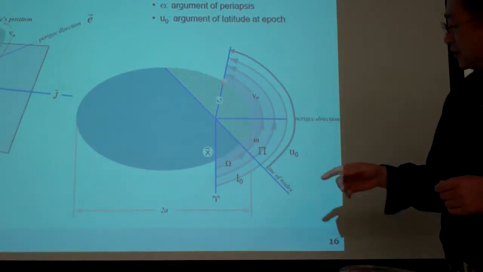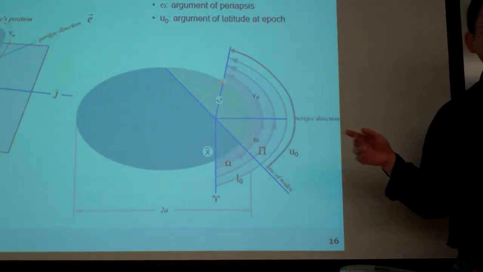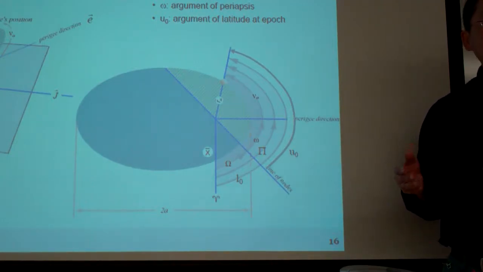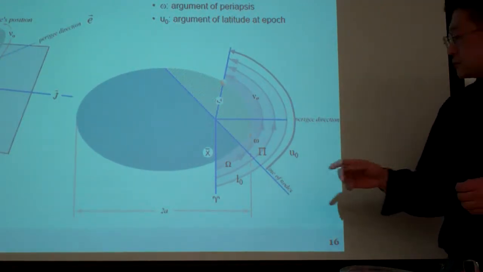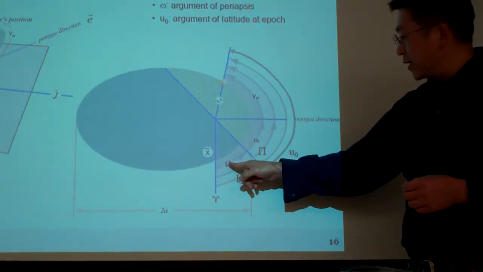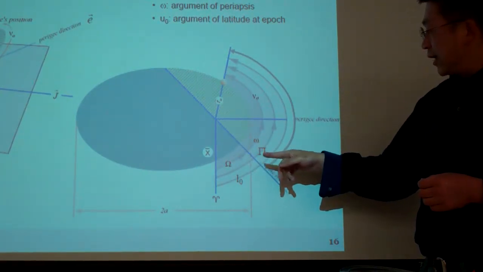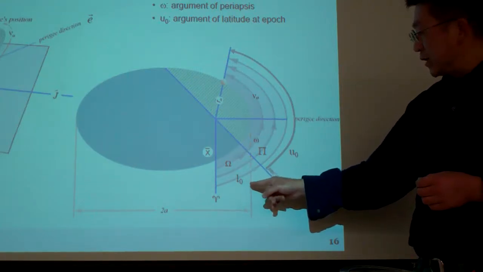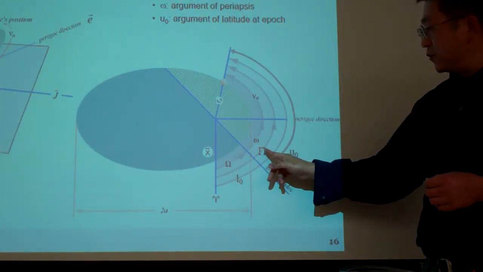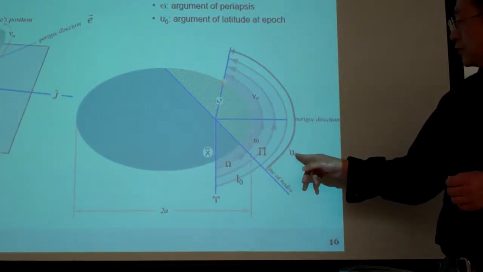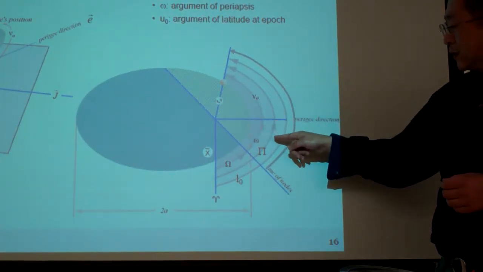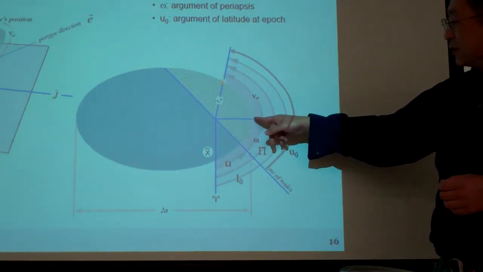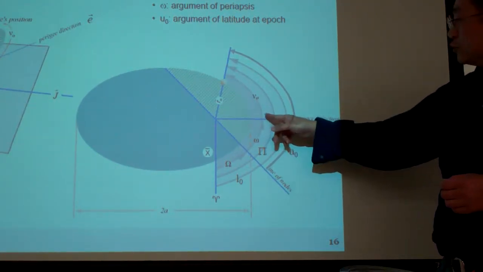For example, this is from our textbook, and is also from common exercises in the astrodynamics field. In addition to omega, we have additional numbers, say L0, capital pi, U0, and nu 0. Okay, basically nu 0 is simply the true anomaly.